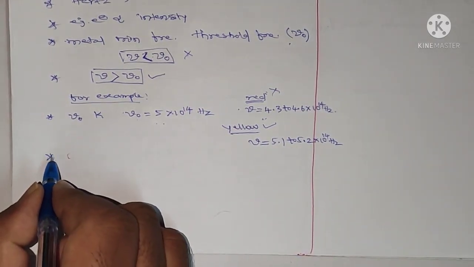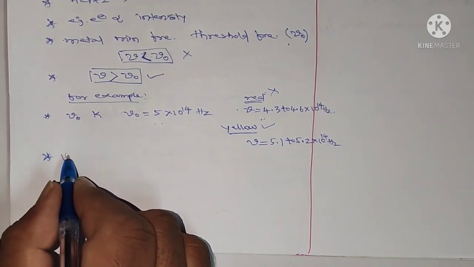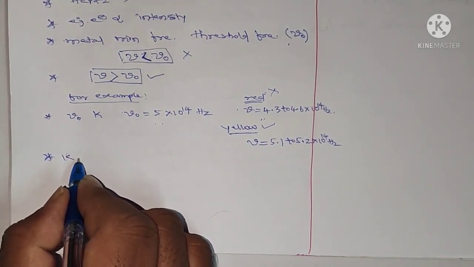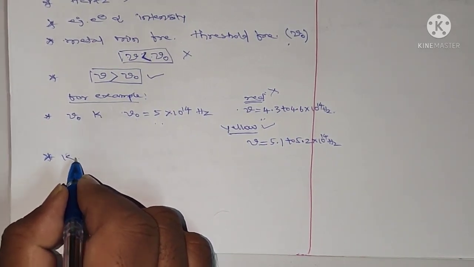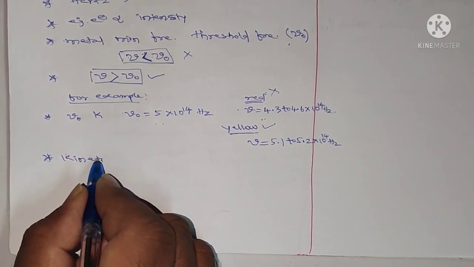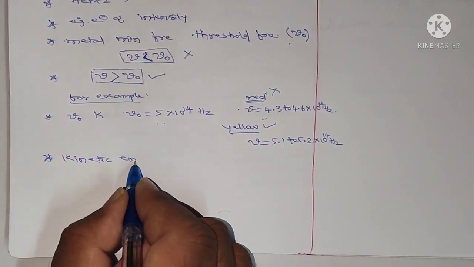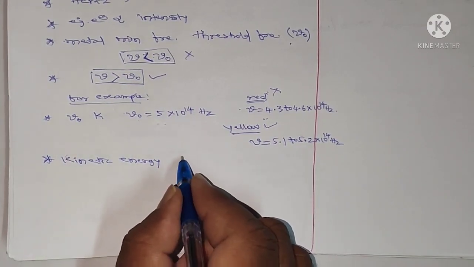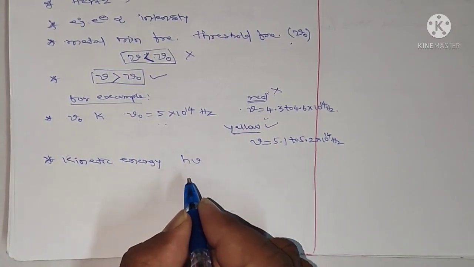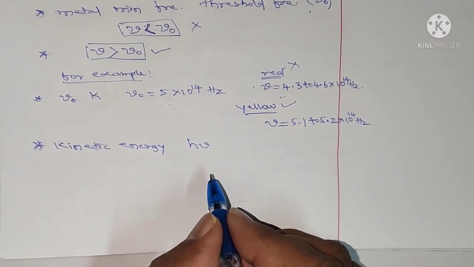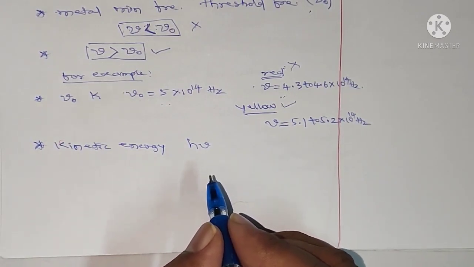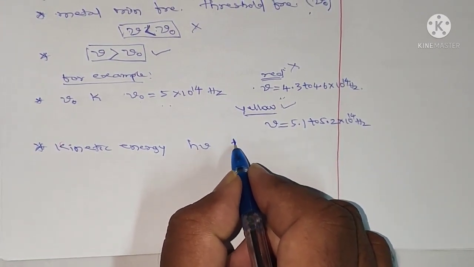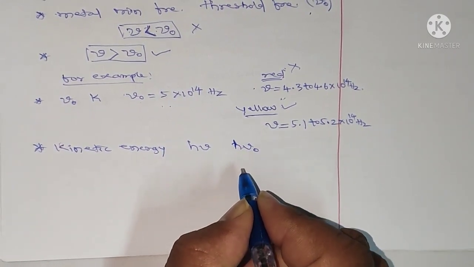And the kinetic energy of the ejected electron. The energy of the incident light is h nu, and the minimum energy required to eject the electron is h mu naught.